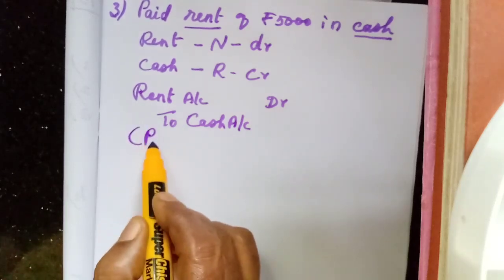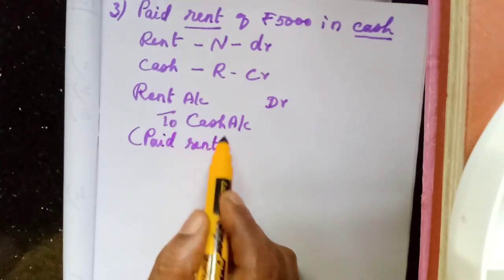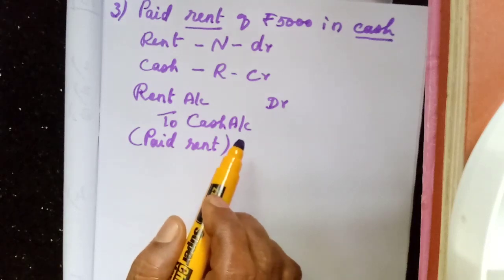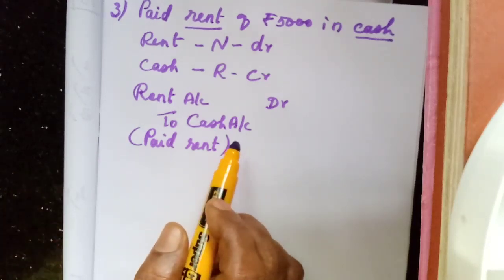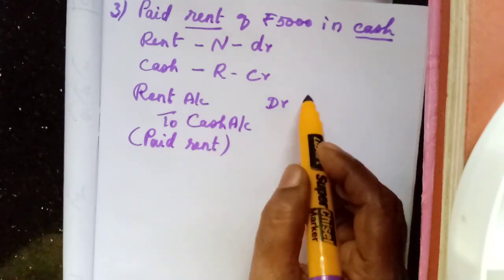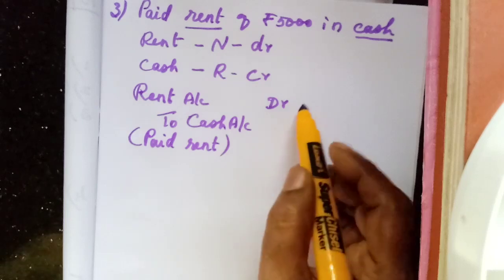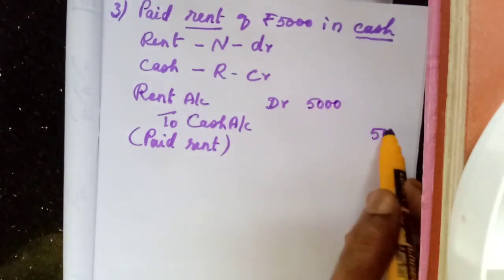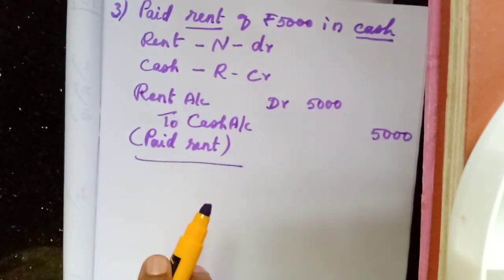Then narration: paid rent. In short, you can also write paid rent, or paid rent in cash, anything you can write. Then write the amount 5,000, 5,000. Then draw a line in the particulars column.